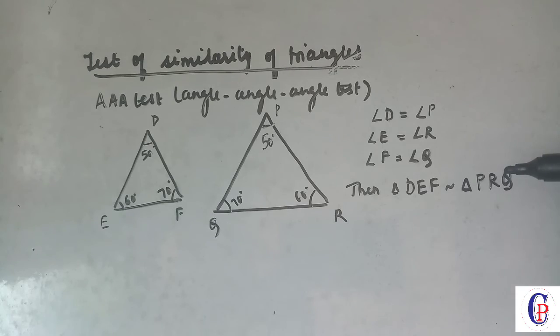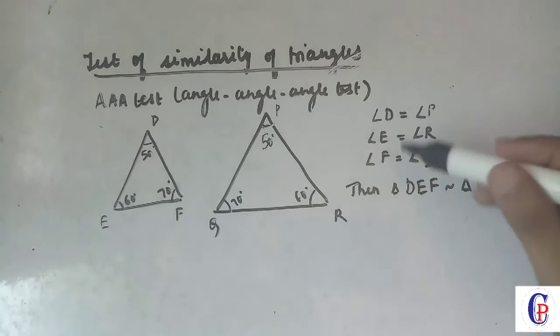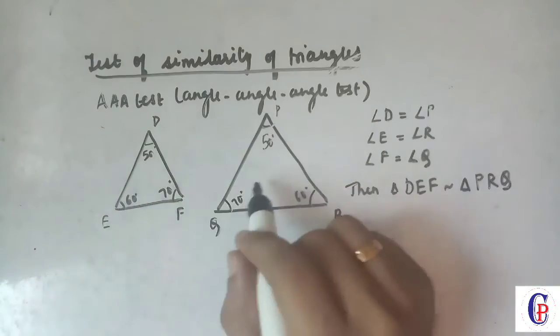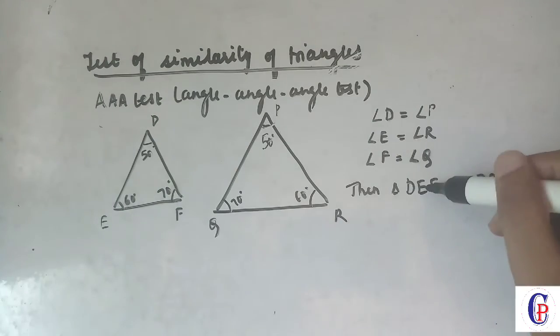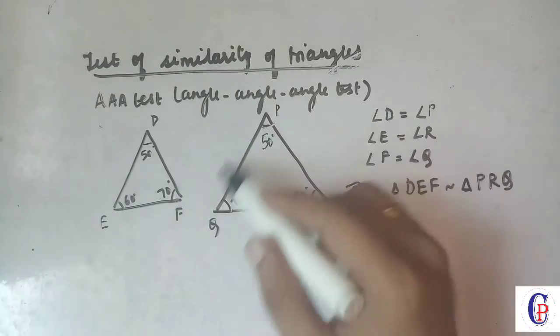Okay, suppose this question is given to you, like this diagram is given and it is told to write the corresponding triangles which are similar. So you need to write it like this, that triangle DEF is similar to not PQR.